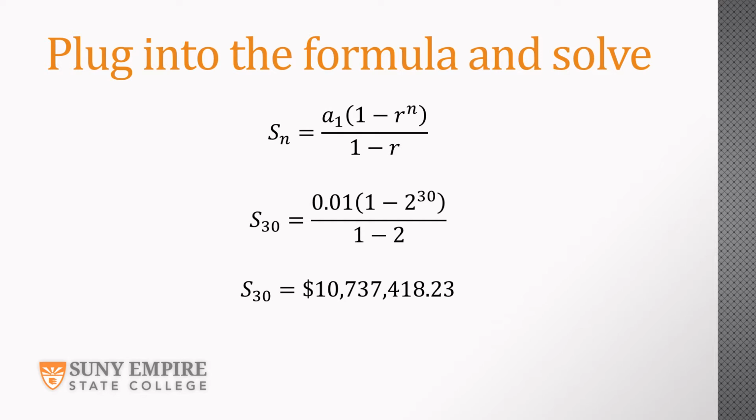Now we can plug into the partial sum formula. We have 0.01 multiplied by the quantity 1 minus 2 raised to the 30th power divided by the quantity 1 minus 2. Using available technology, this results in a sum of $10,737,418.23. So this is clearly the better option.